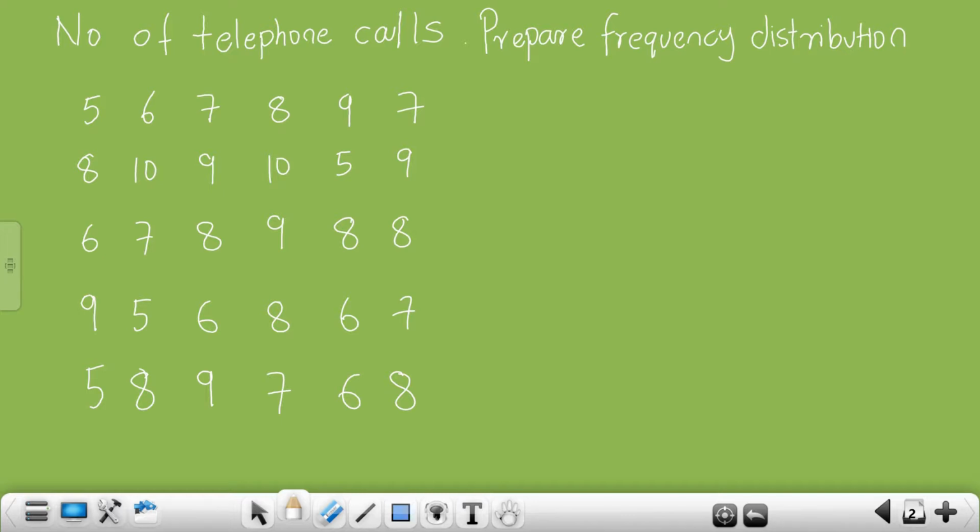First of all, we need to identify which is the lowest value and which is the highest value. Just by observation we see that the lowest value is 5, whereas the highest value is 10. The total number of observations is 30, and we need to prepare the frequency distribution table.